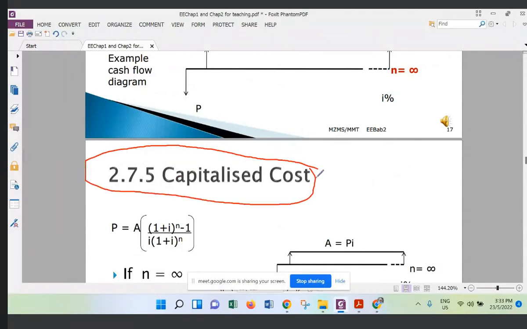I don't intend to cover the capitalized cost now; I would like to start this on Wednesday. Capitalized cost is also a very popular question every semester, be it during test or final exam, so you will always get a question related to it. We will cover it on Wednesday.